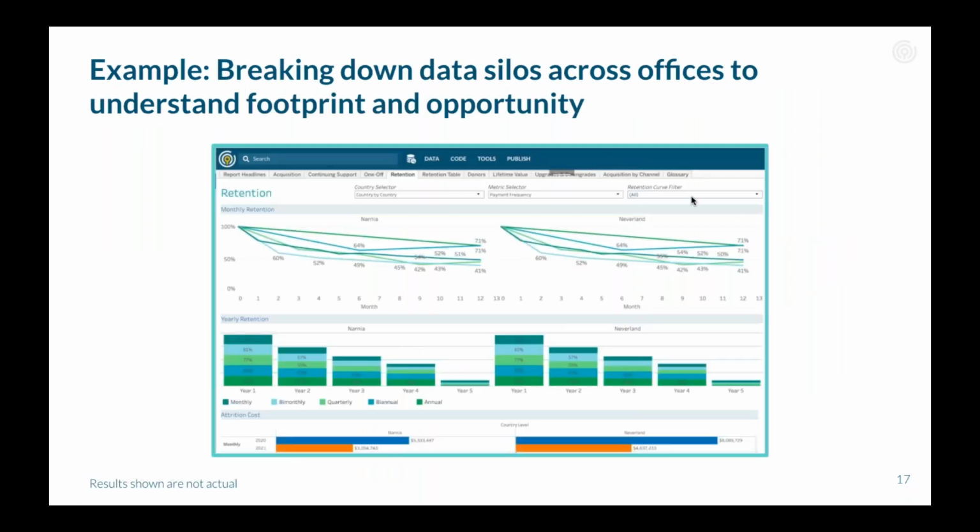So what you're seeing here is the output of an effort in which we work with an international federated nonprofit to help them use their own data. Again, we're just talking about first-party data to better understand those donors. In this case, data is siloed across offices, but often in similar systems used by teams with similar functions.